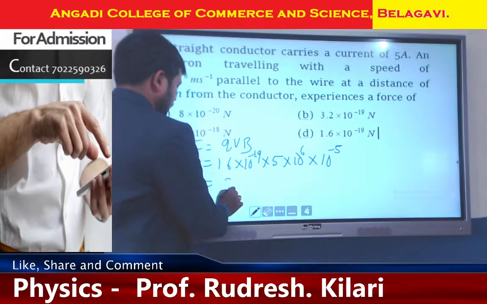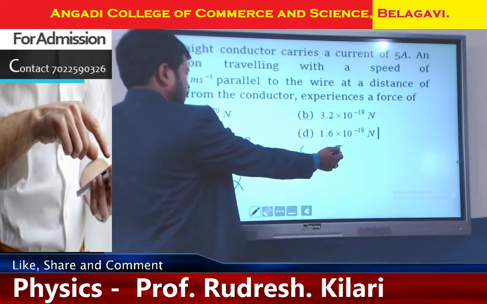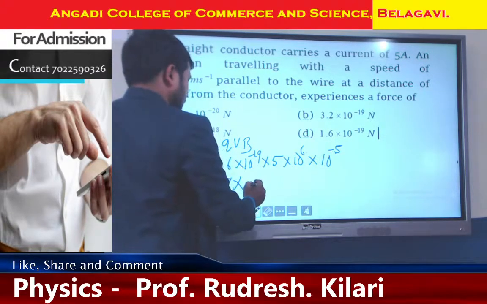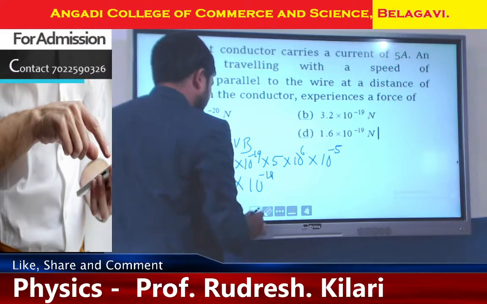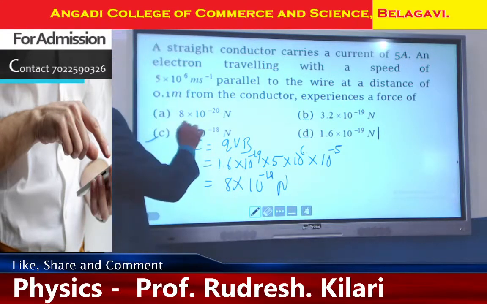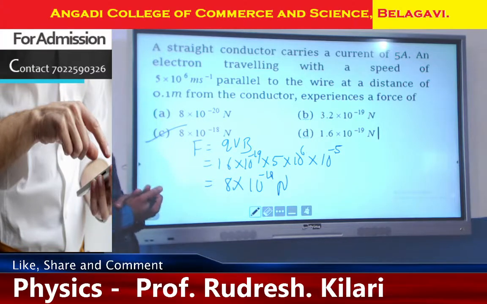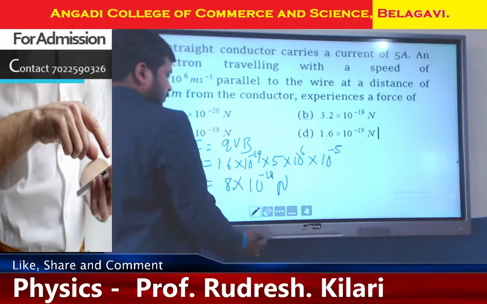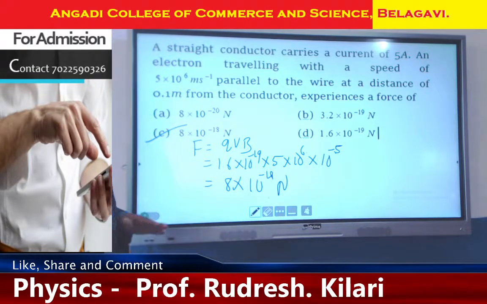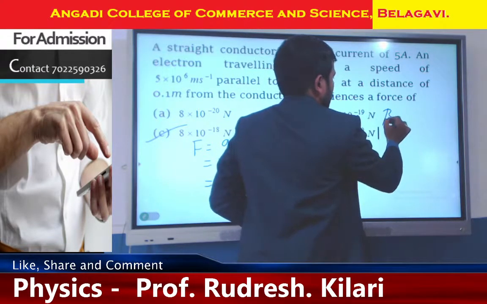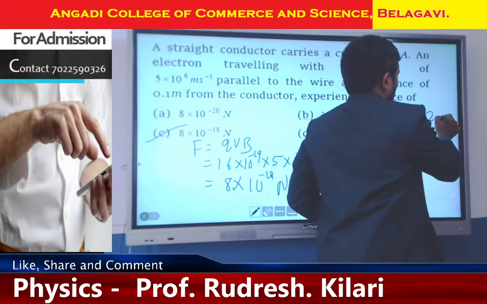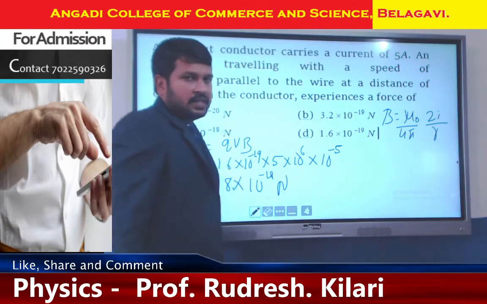That is 8 into 10 to the power of, minus 19 plus 18, 10 to the power of minus 18. What is the answer? C is the answer. First you calculate B, use the formula B equals mu naught divided by 4 pi, that is 2I divided by d, the formula for a long straight current carrying conductor.